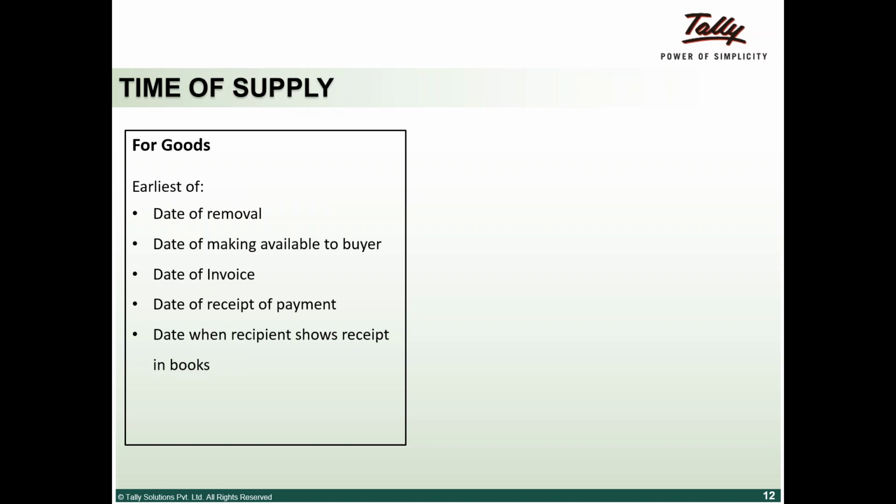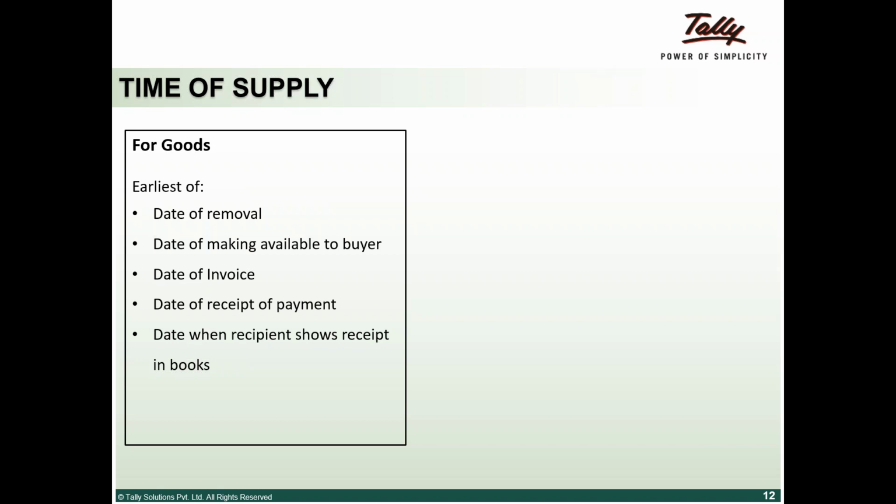One is the date of removal: as soon as A removes material for supply to B, the date of that removal, or making available to the buyer. For example, my factory which I wanted to sell, I have given to B, saying make use of it, and you take charge of that factory from that date.